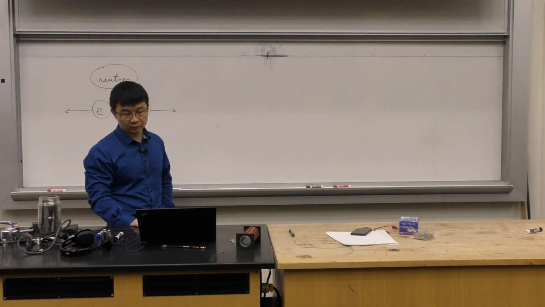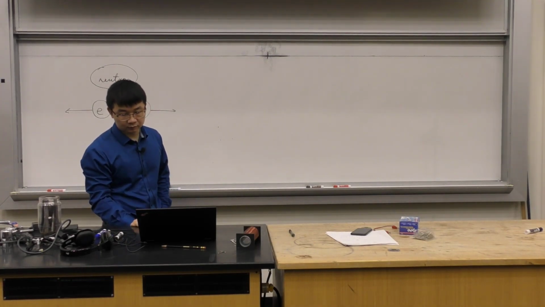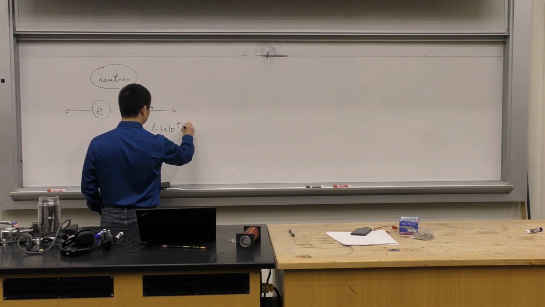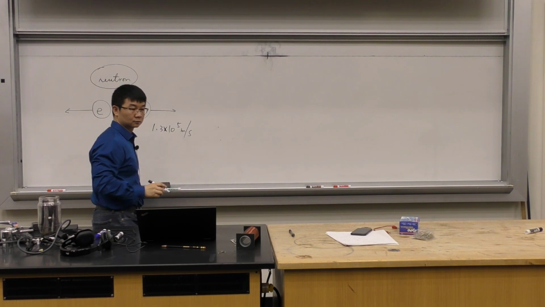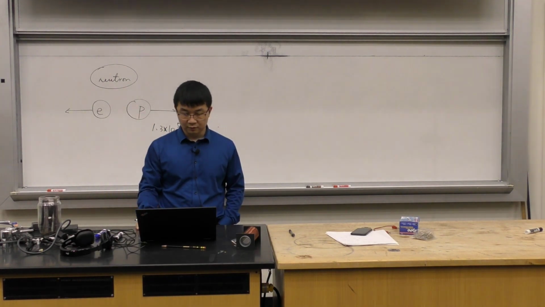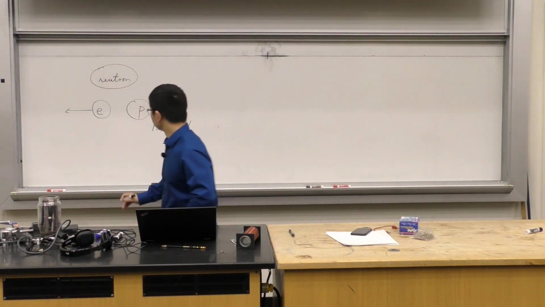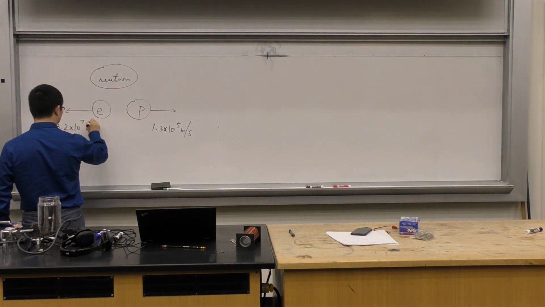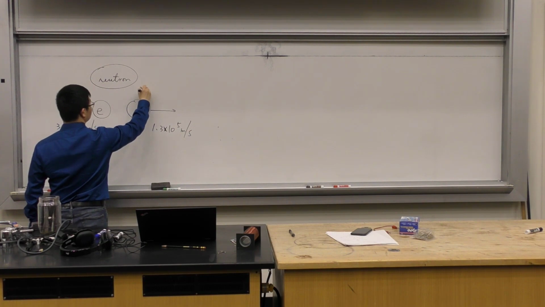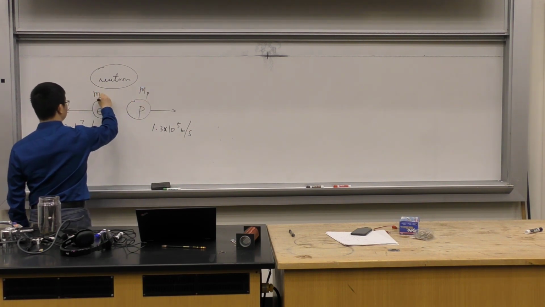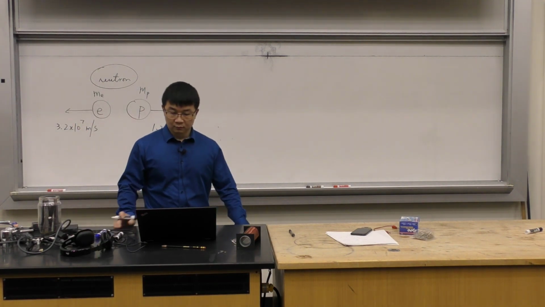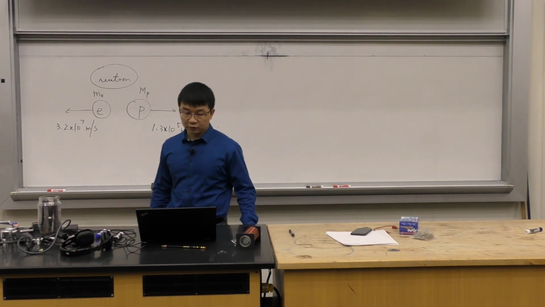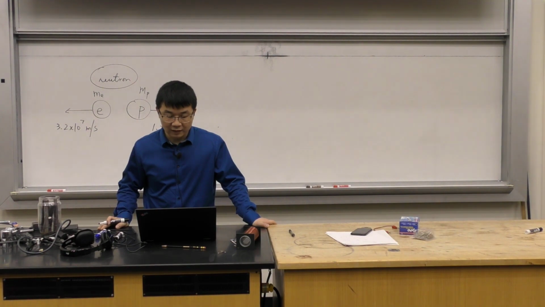The proton has a velocity, this number, and then the electron has a larger velocity. We also know the mass of these two from the problem. They're constants. We're going to assume this one is moving in the positive direction, and then we want to calculate the total momentum of the proton and the electron after the decay.